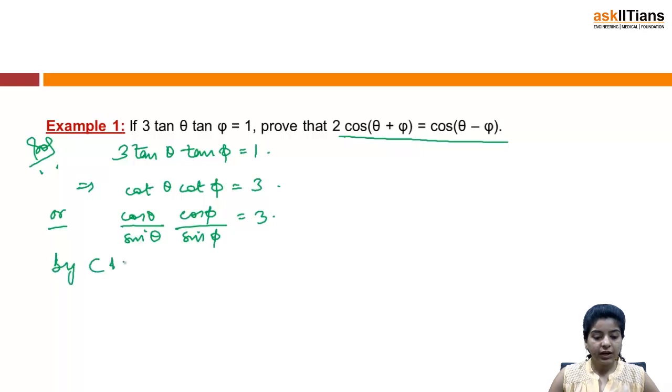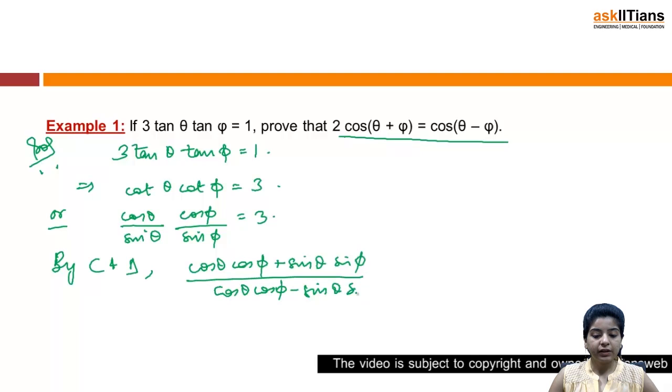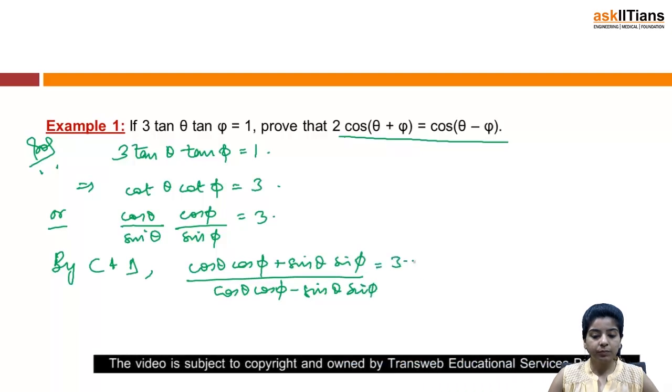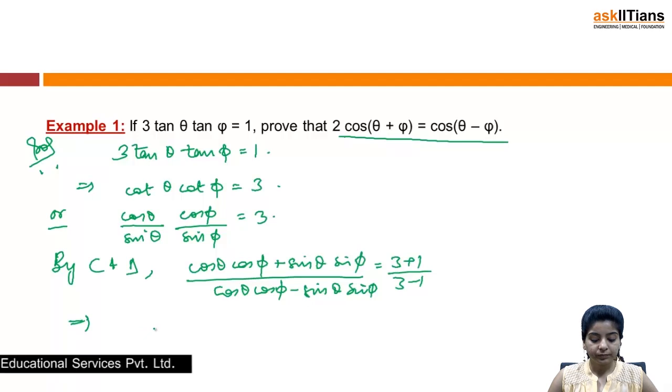By C and D, that is by componendo and dividendo, what I will have is cos theta cos phi plus sin theta sin phi divided by cos theta cos phi minus sin theta sin phi is equal to 3 plus 1 by 3 minus 1.